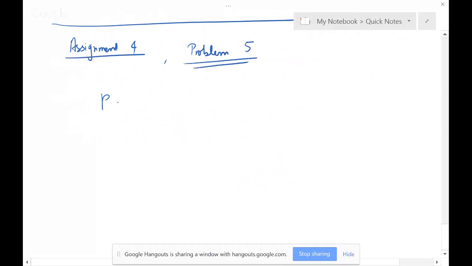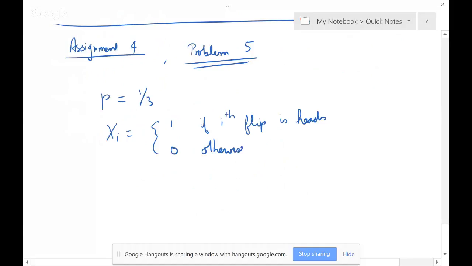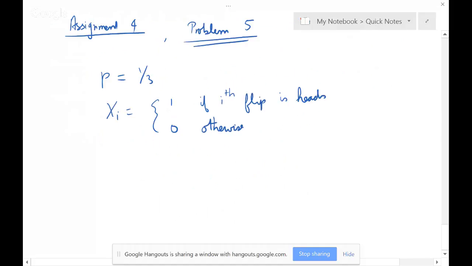So here we are given a coin with bias 1/3, and X_i equals 1 if the ith flip of that coin is heads, 0 otherwise. And of course, we toss this n times.